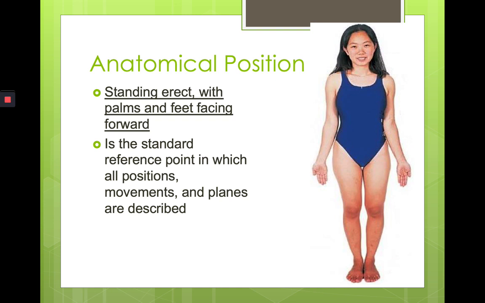She's standing erect with her palms and feet facing forward. So that's a big thing. The palms facing forward is the correct anatomical position. And this is the standard reference point that we refer back to when we talk about different body parts and movements and positions.